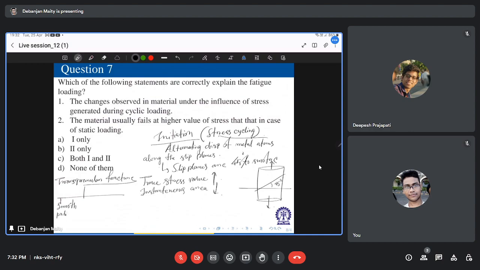So basically from here the crack has originated, right?